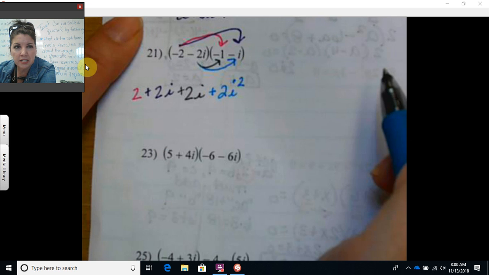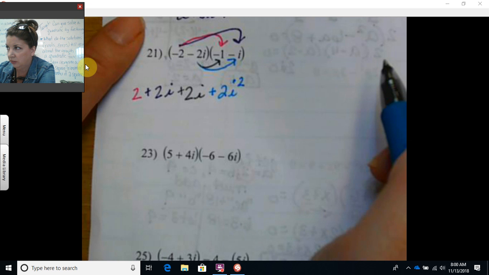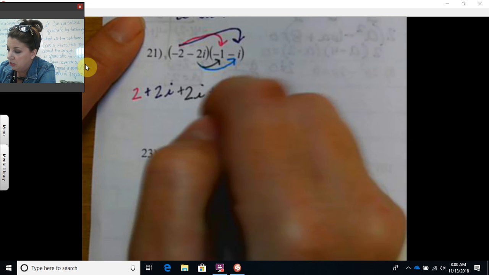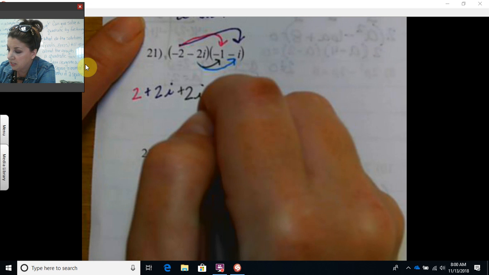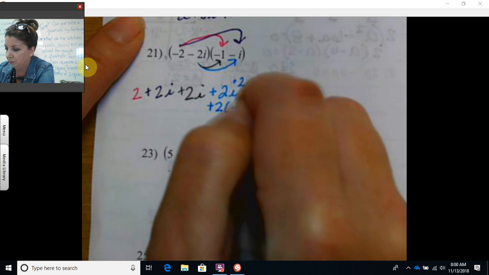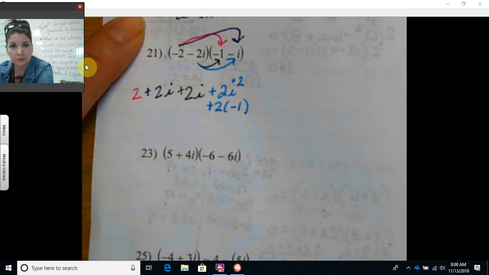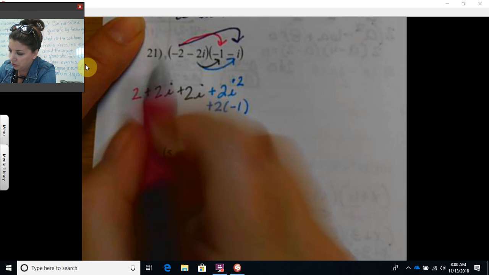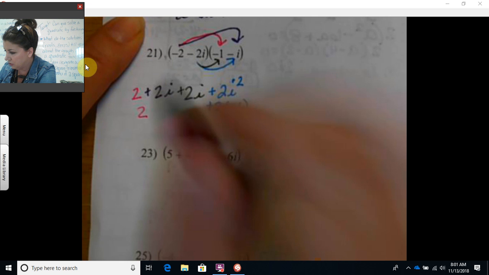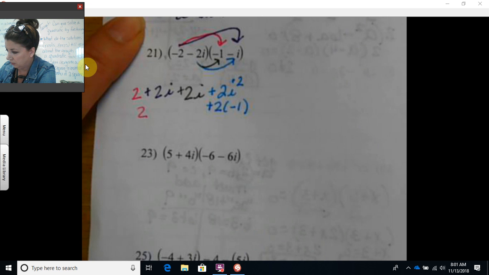And do y'all remember what you do when you see an i squared? Replace it with negative 1. So that's going to be positive 2 times negative 1. Here, that's 2. And what's 2i plus 2i? 4i.